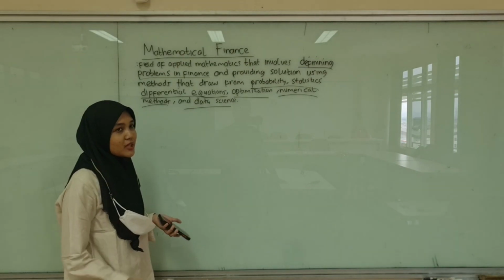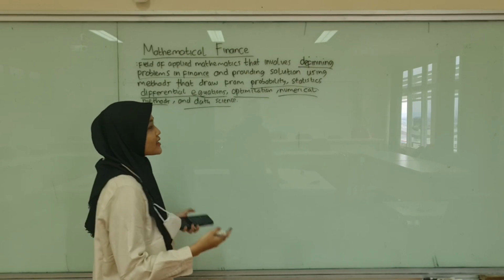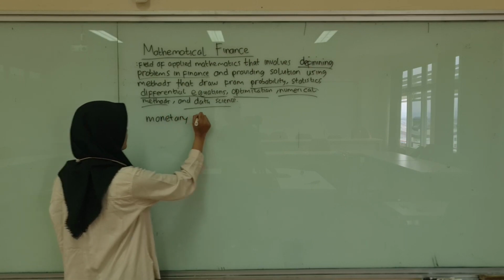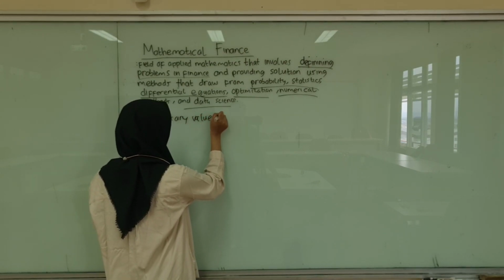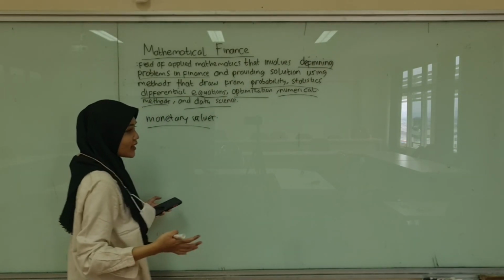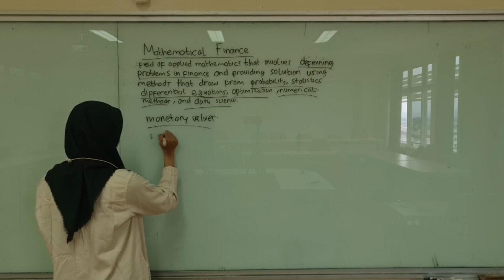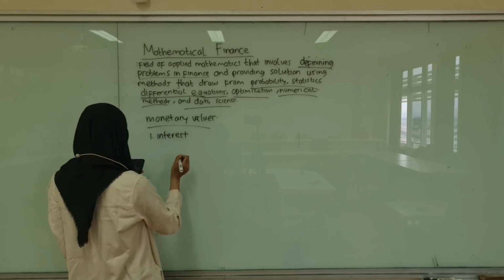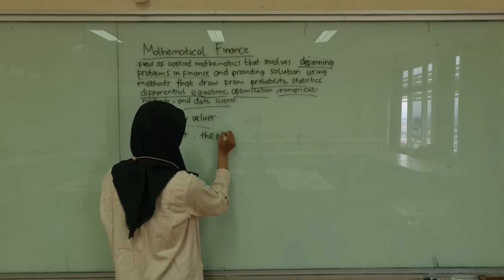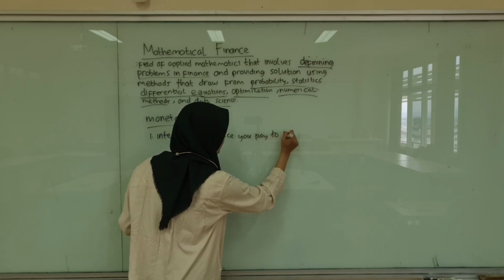So just like when we put our money in the bank, the money itself has monetary value, which can change anytime, and the change can be divided into three types. There is interest, which is the price you pay to borrow money.